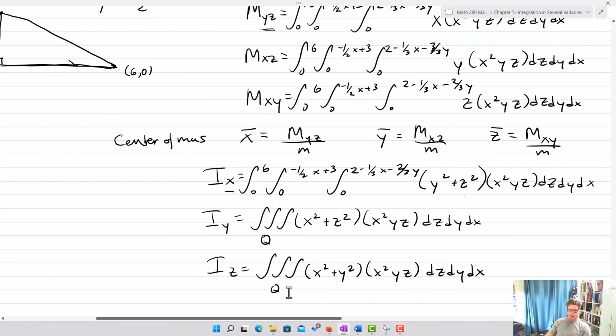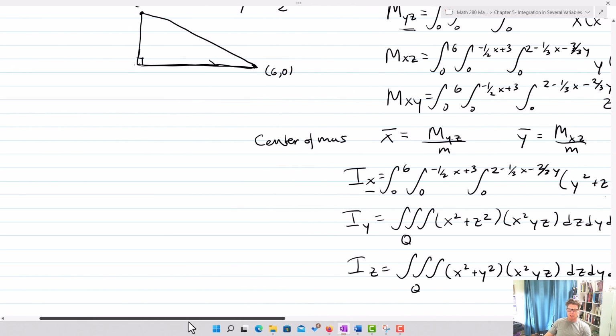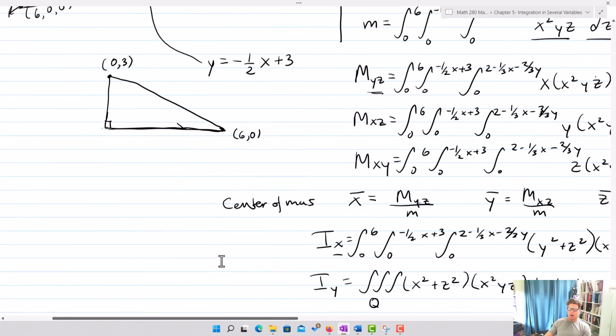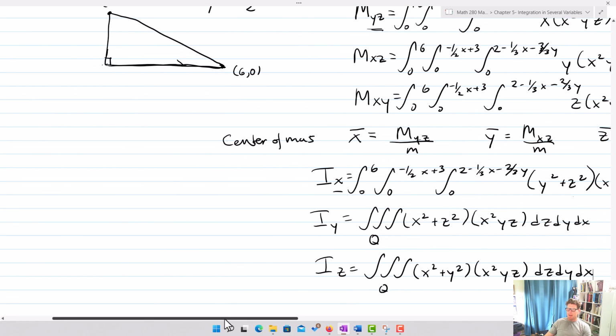All right. So let's review a little bit about our moments and our centers of mass. For our purposes, when we're talking about moments of inertia, moments, centers of mass, masses, the first big thing to remember is that a mass is the density times the area.